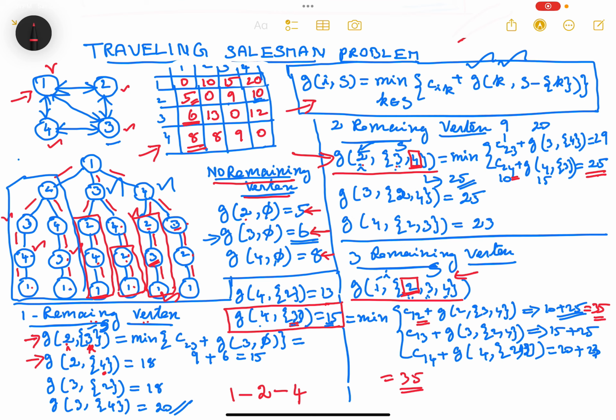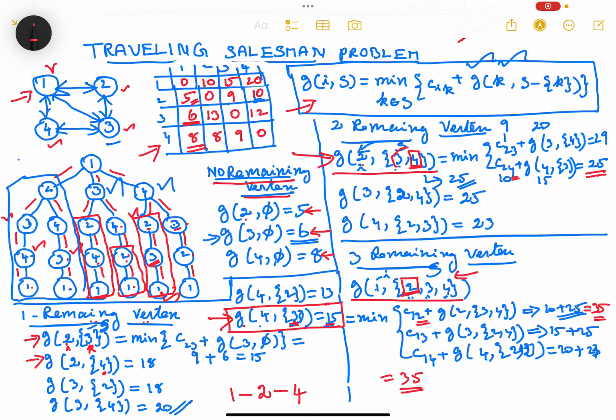Now we have to see the next calculation, that is G of 4 comma 3. So this part we have to calculate, that is we have to check G of 4 comma 3. This is the calculation. Here only one k value is possible, and with that k value only we are getting this minimum value 15. What is that k value?